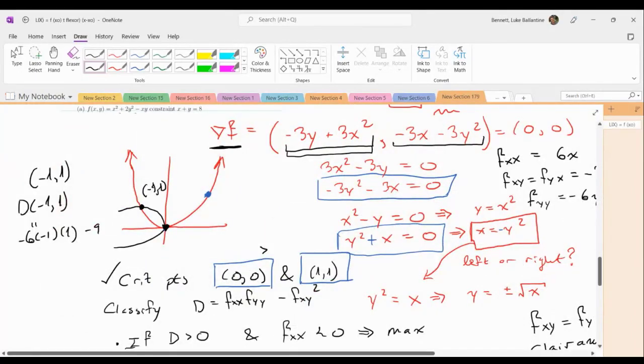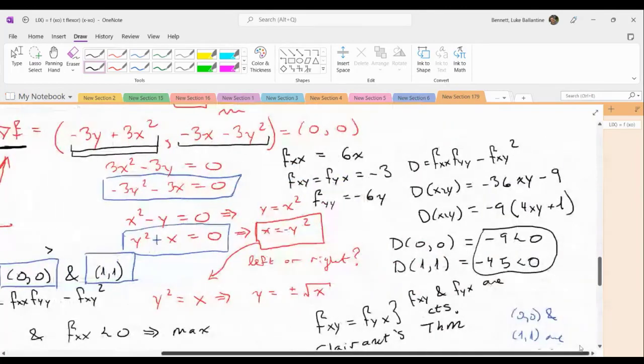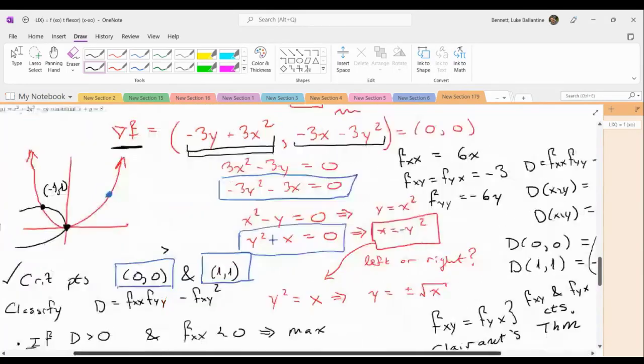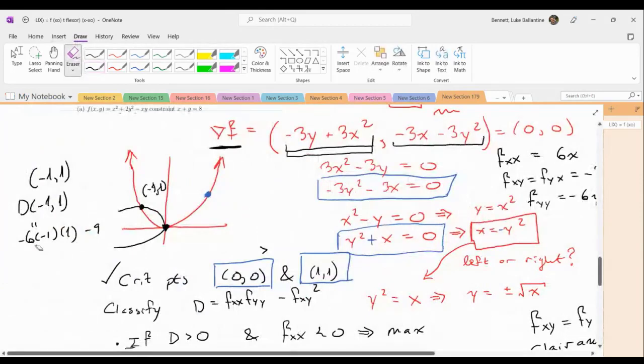So D of negative 1, 1 is positive 36 minus 9. 36 minus 9 is 27, which is greater than 0. So D of negative 1, 1 is greater than 0.